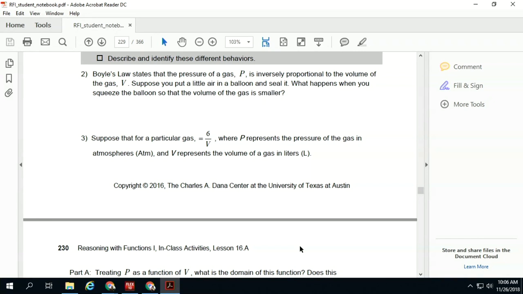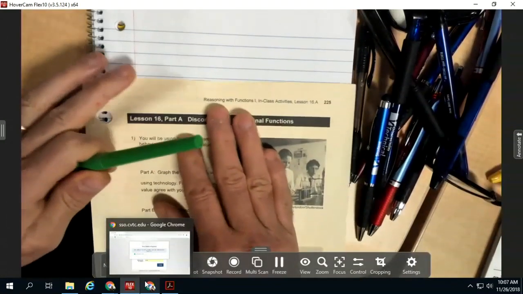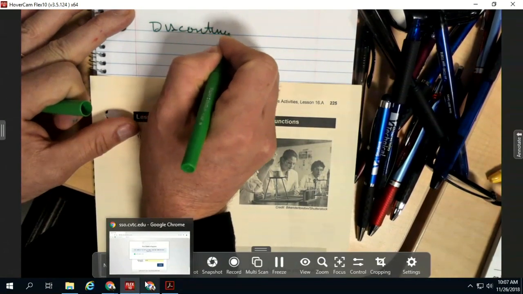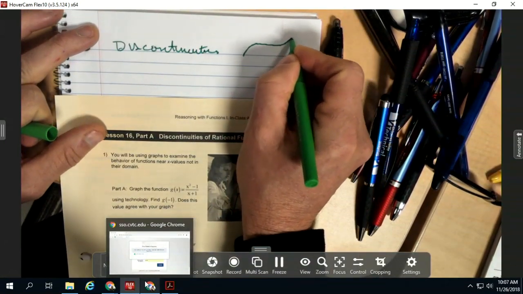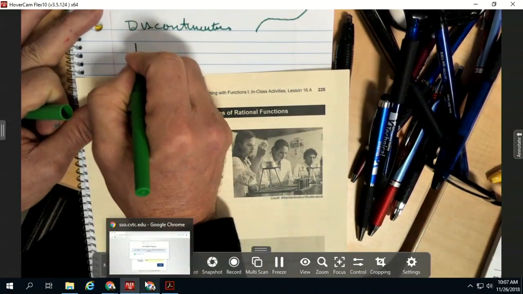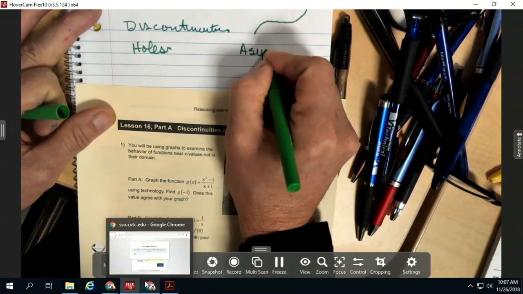Page 225. New concept: discontinuities of rational functions. Now, a continuous function always has a value. There are two types of discontinuities, holes and asymptotes.